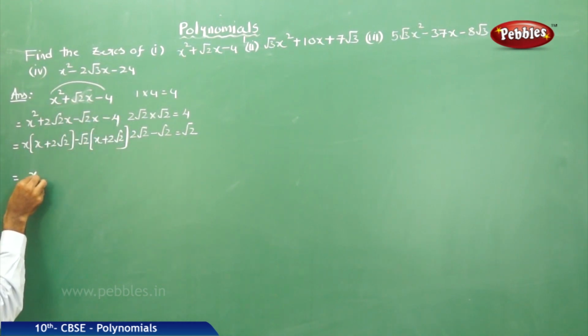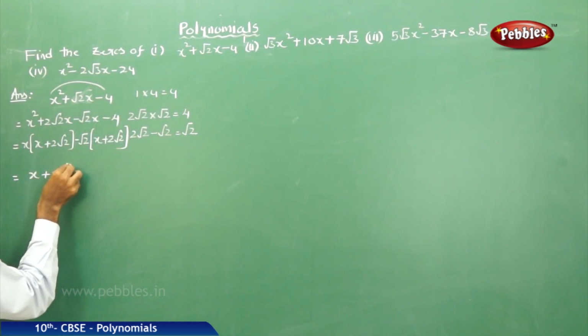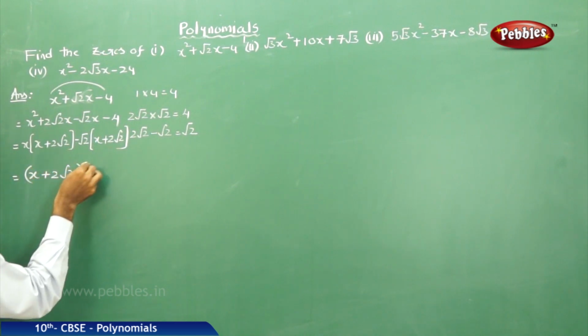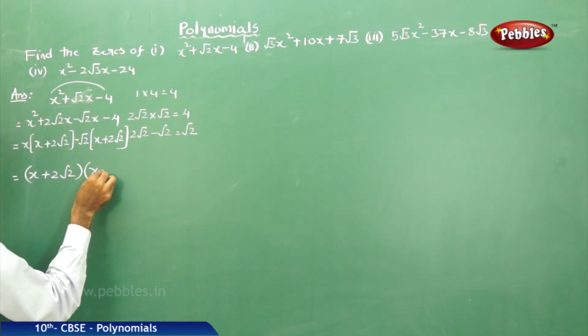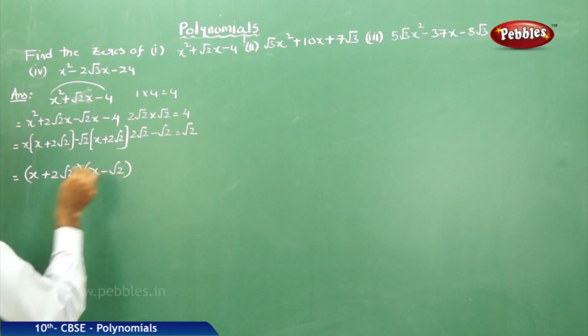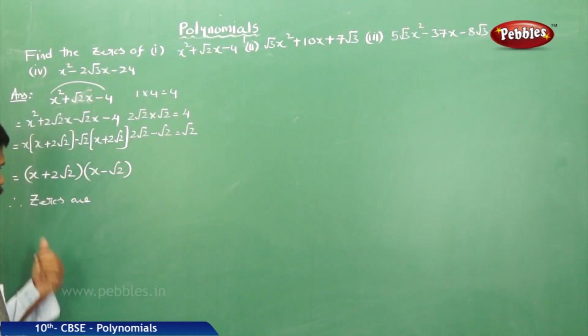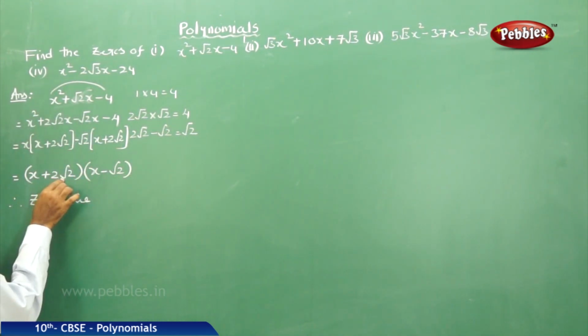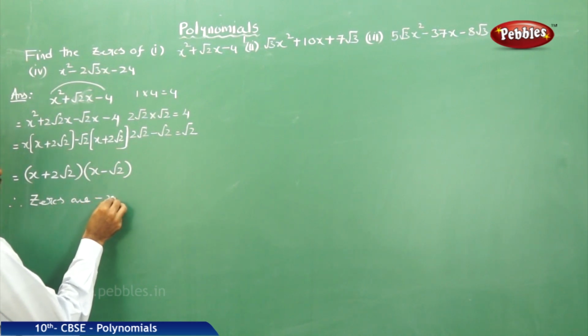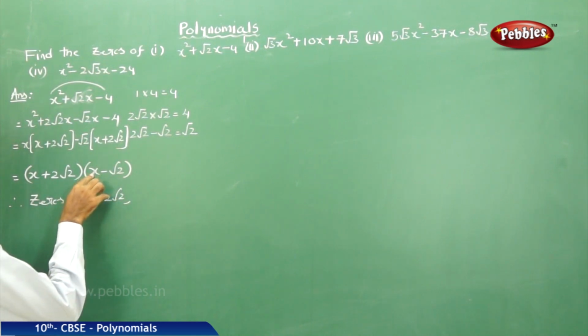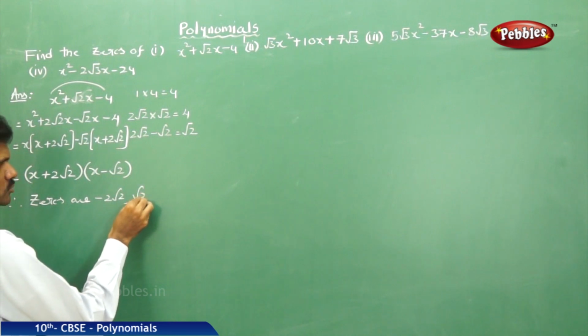Now the common factor is x plus 2 root 2 and the other factor is x minus root 2. Therefore zeros are minus 2 root 2, comma, root 2.